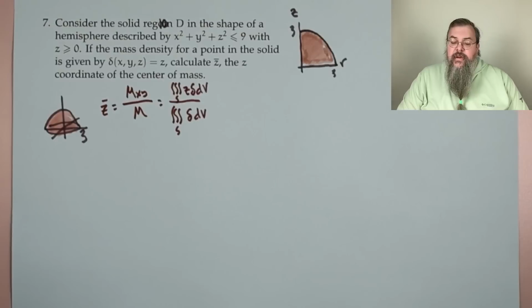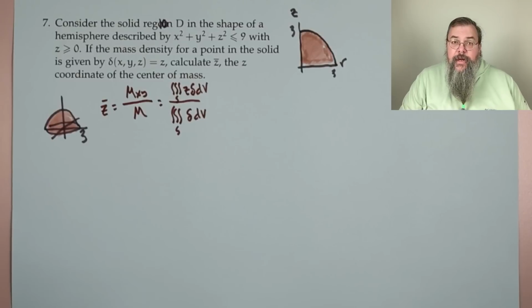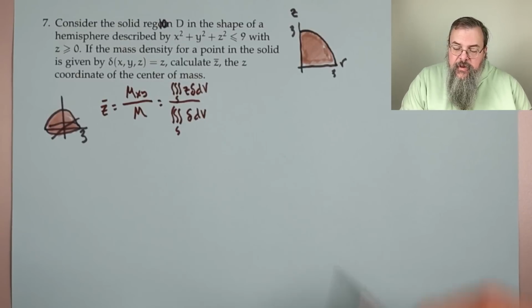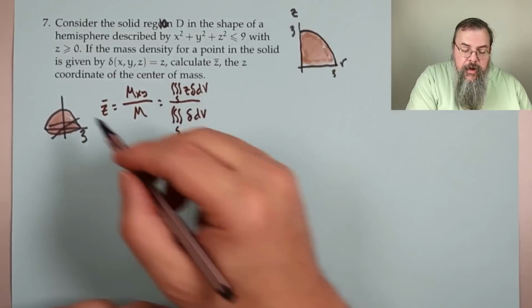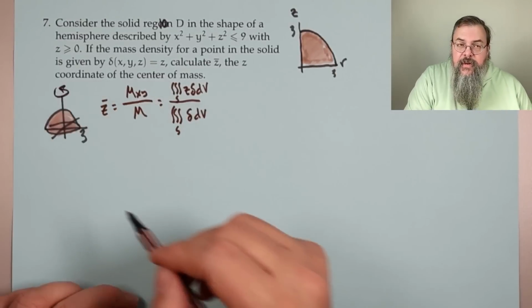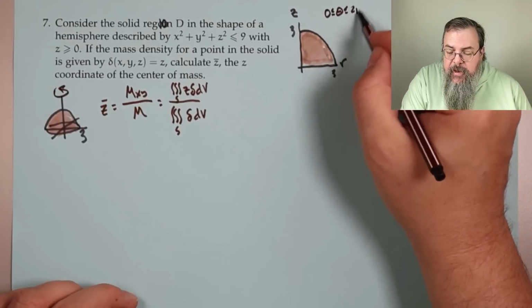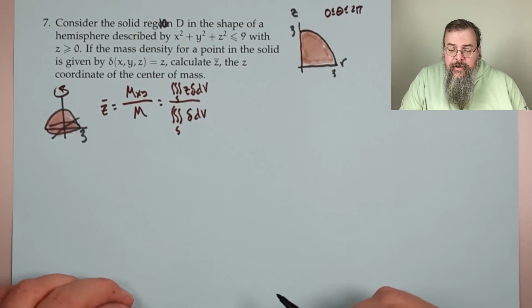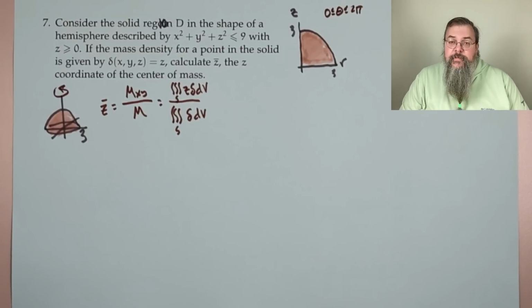All right, now let's talk about bounds. Well, a couple of bounds are pretty easy. Theta, that's pretty straightforward because we're going to go fully around, right? We have this beautiful symmetry. So that says 0 less than or equal to theta less than or equal to 2 pi. All right, well, what about phi? Now, remember, phi is in relationship to the z-axis.